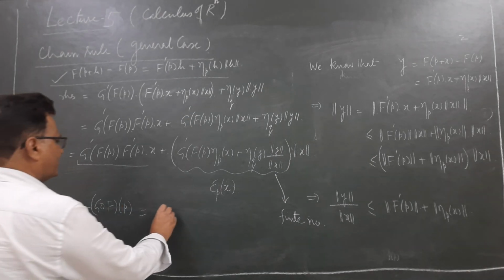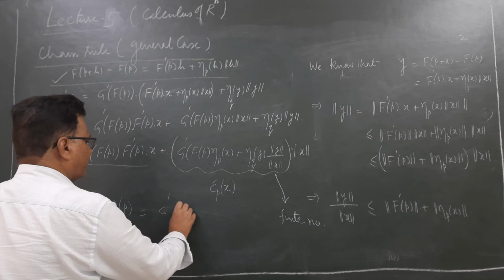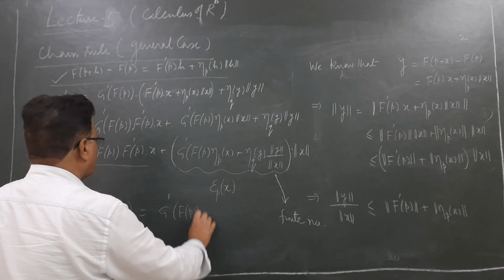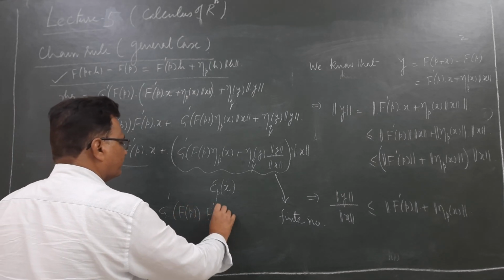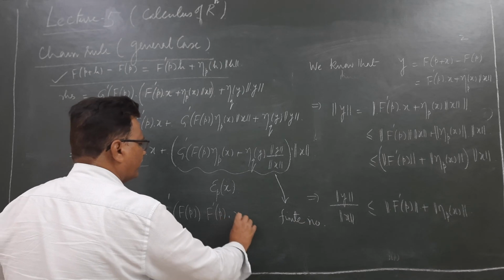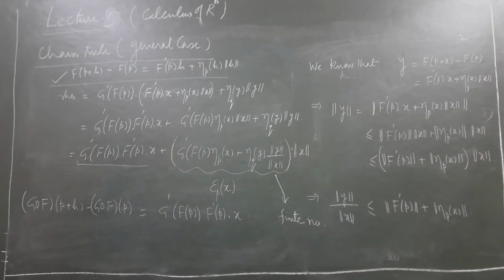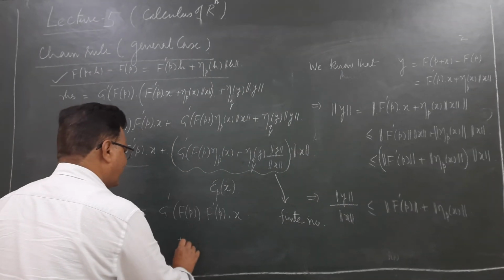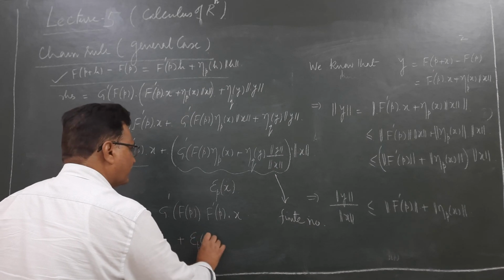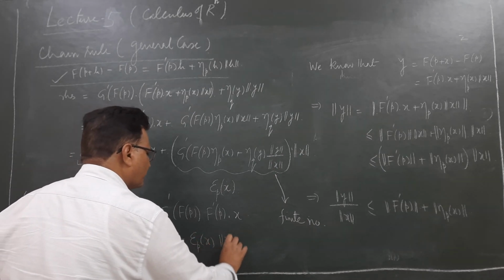This is g dash of f p into f dash p multiplied by x, plus a continuous function epsilon p x into modulus of x.